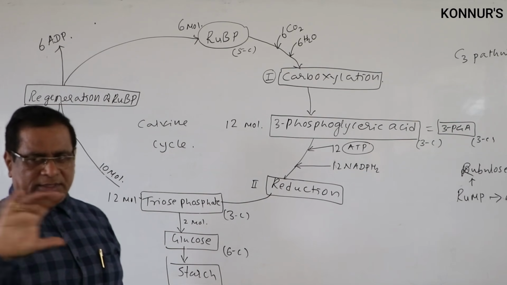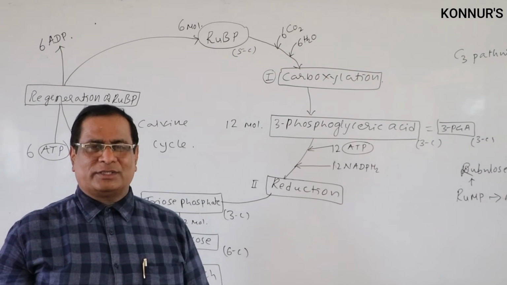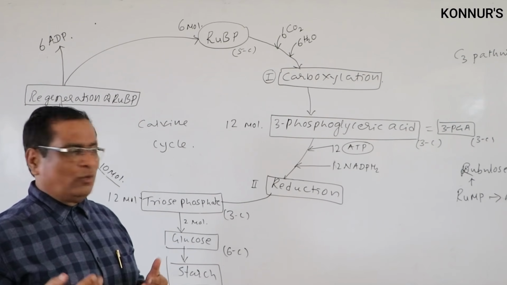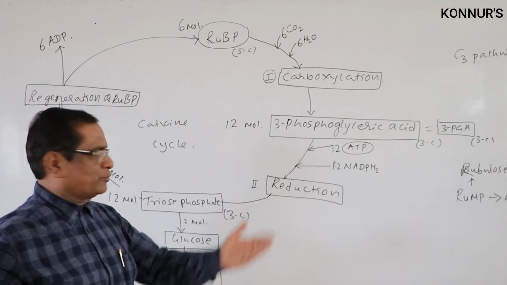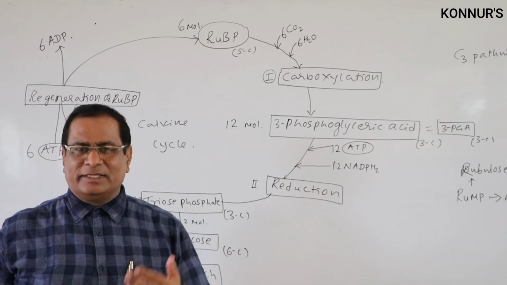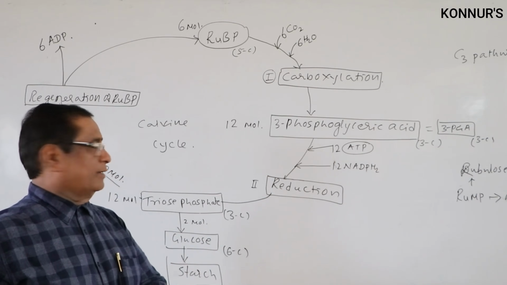All these schemes and cycles you should remember, because decoding they will give A is equal to RuBP, B is equal to 3-phosphoglyceric acid, C is equal to triose phosphate. Like this, they can ask the question as far as NEET is concerned.